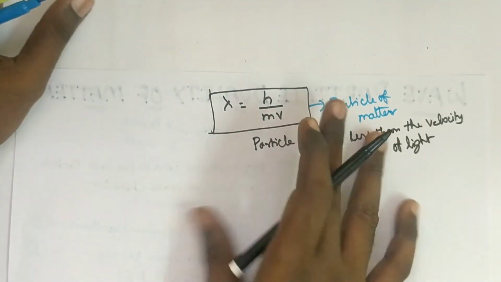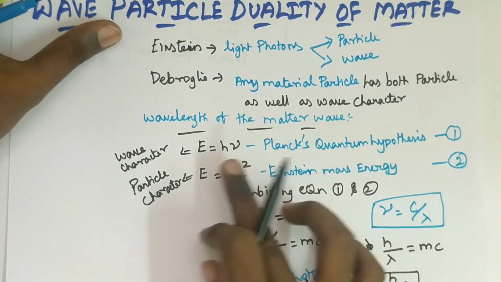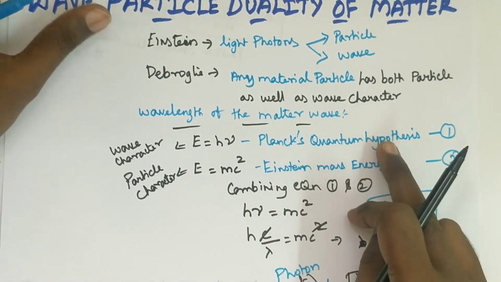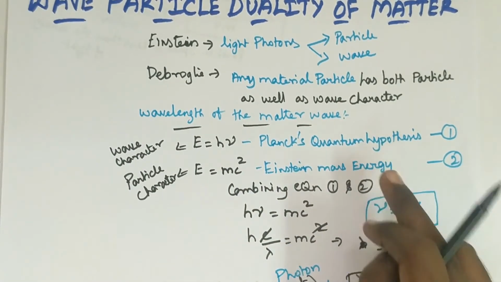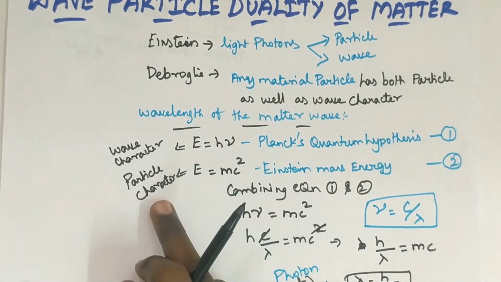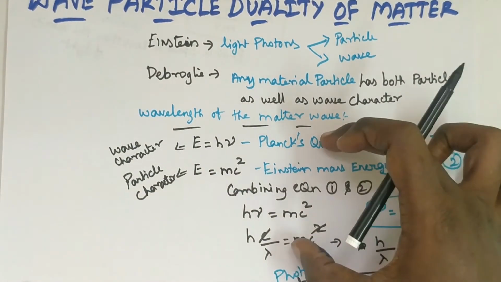Suppose in the board exam they ask you to derive the de Broglie equation. You write these two equations, E is equal to h nu and E equal to mc square, and mention Planck's quantum hypothesis and Einstein's mass energy equation. The first equation represents wave character and the second represents particle character. If necessary you write that, otherwise you write the equations alone.